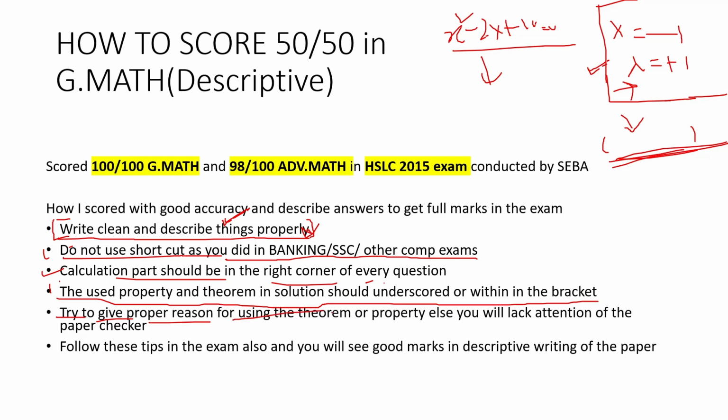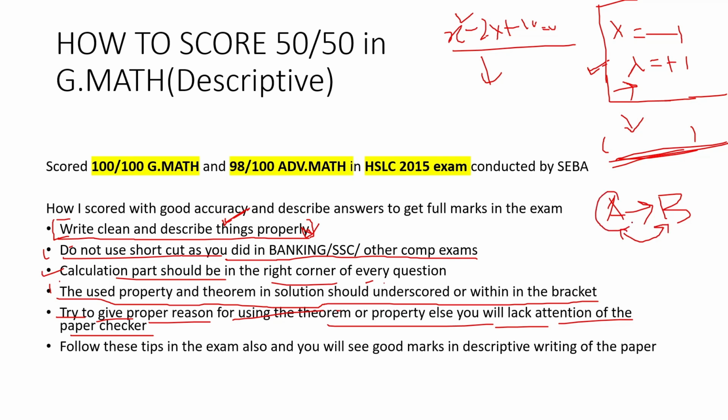Try to give proper reason for using a theorem or property, else you will lose the attention of the paper checker. If you do not use the right or proper theorem, for example you have to use theorem A but you are using theorem B, that is a mistake.